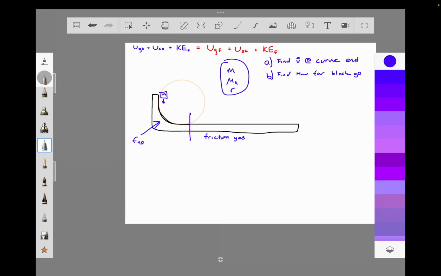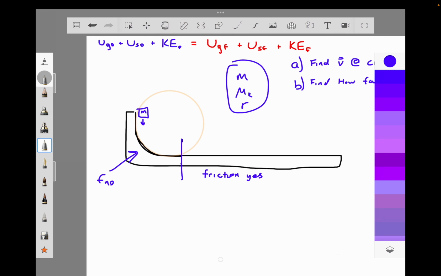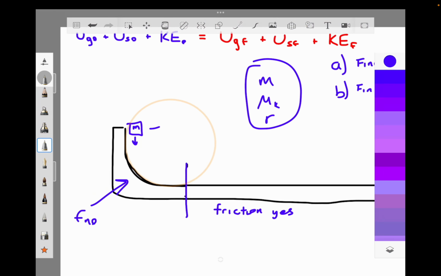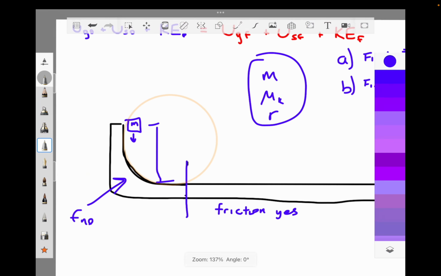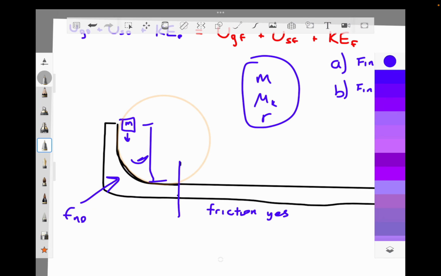Either way, for part A, you would go into the energy, right? So it starts off at an initial height, and then it goes into all kinetic energy. That's as simple as that. There might be some speedage due to the curve, but I think you could just ignore that.